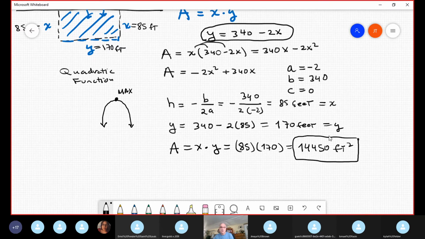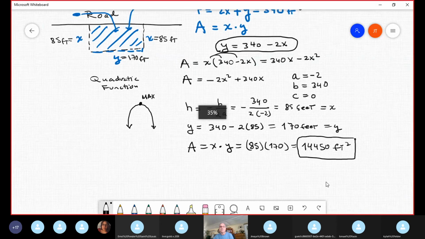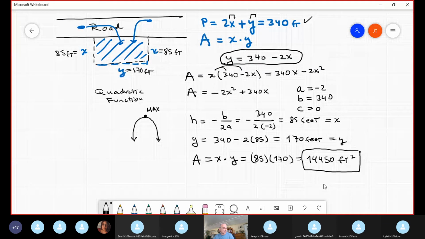Okay, this is one application of the quadratic function. So you realize that this parabola opens down, so you need to find the maximum. Okay. Any question in this application? Clear or no? Or confusing?